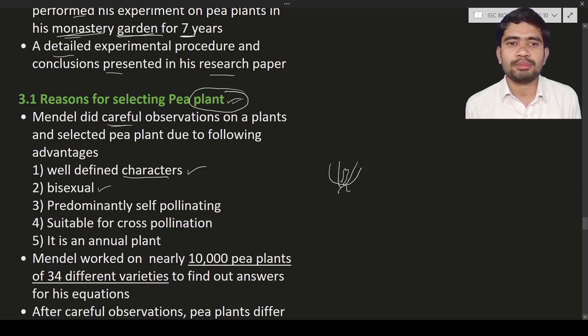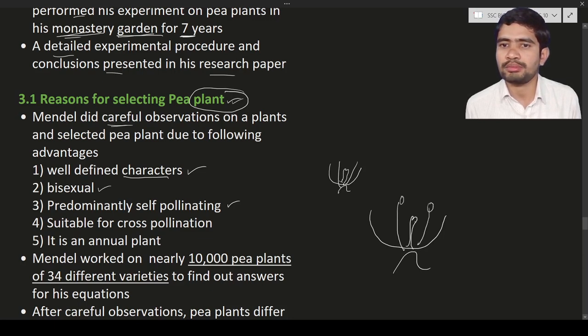Next is predominantly self-pollinating. It means that first of all this pea plant tries to have self-pollination. What is self-pollination? Let us consider this is the flower, this is the female reproductive organ and this is the male reproductive organ, the stamens and also the pistil.